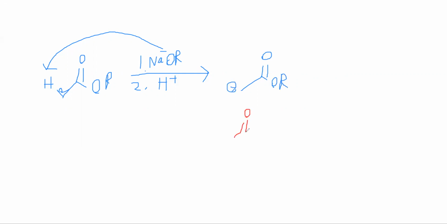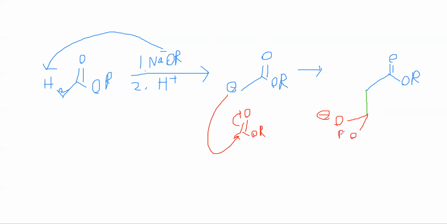We have another ester. The enolate's going to attack the carbonyl carbon, like so. Going to form the bond, the green one, alpha to the ester that acted as the nucleophile. Carbonyl is going to reform, and you are going to kick out the leaving group.